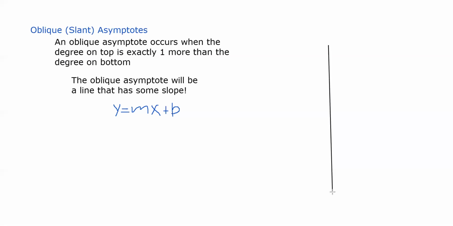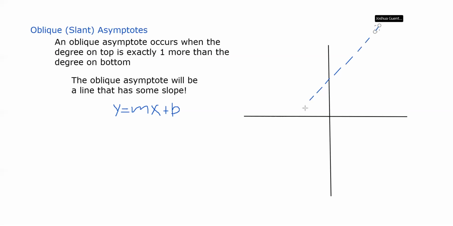Since it's an asymptote, it's going to be a line that the graph of your function is approaching but never quite gets to. But it's going to have actual slope to it. So you could have an oblique asymptote that looks something like this. It'll look like an actual line. Imagine it's dashed forever and ever, all the way till the end of time.